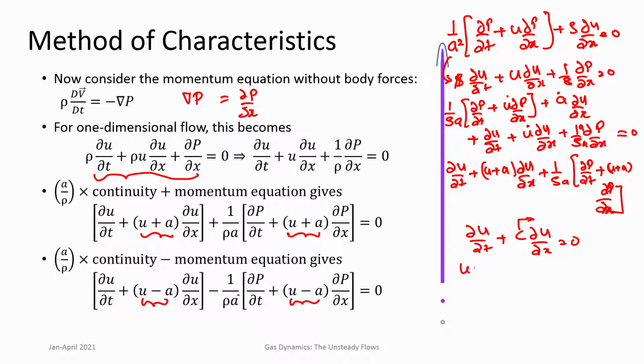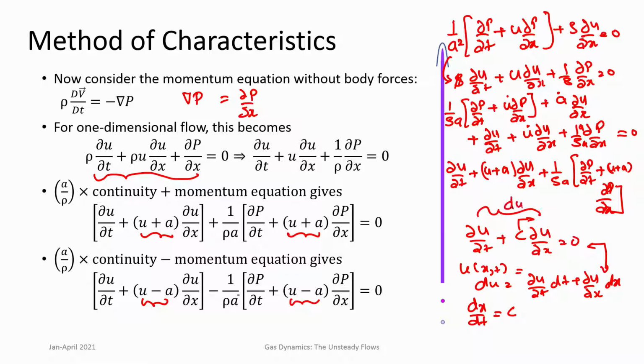With u being a function of x and t, du can be written as ∂u/∂t dt plus ∂u/∂x dx, and comparing these two we arrived at, if we consider dx by dt is c, then we can write this as du, an ordinary differential equation.